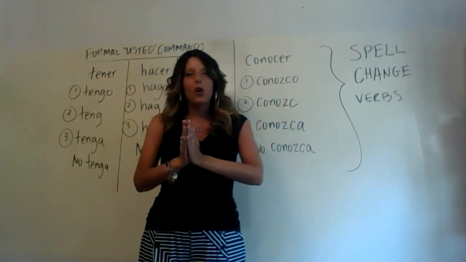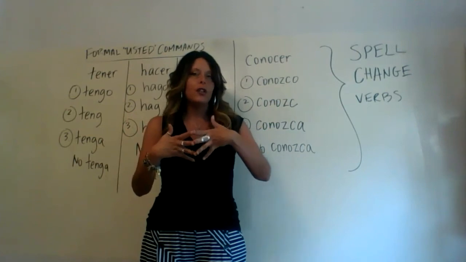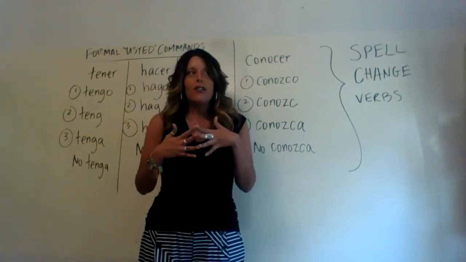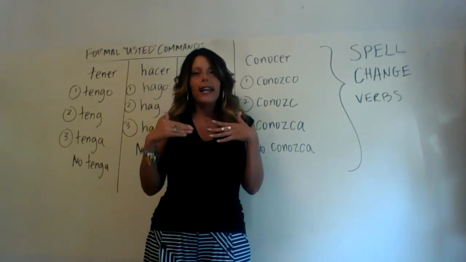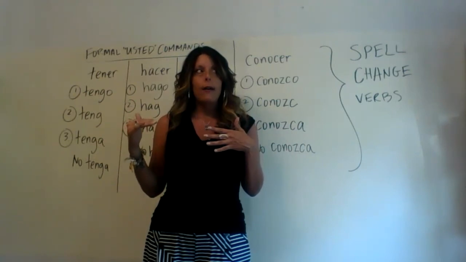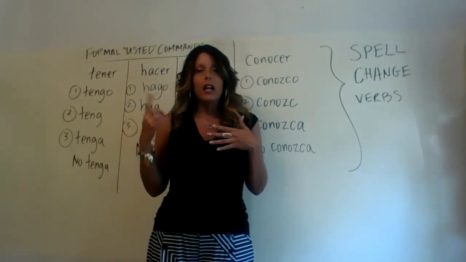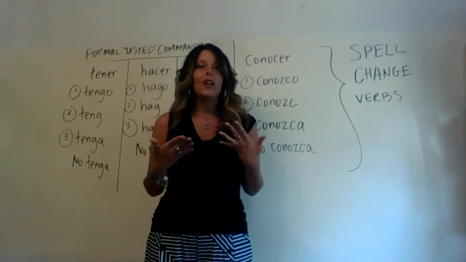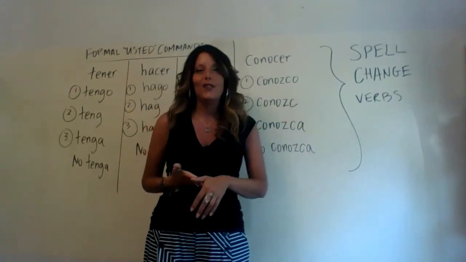It is important to know what category of verbs this falls under. These are spell change verbs. And we remind ourselves that there's a little trick. If we have a verb and we take it to the yo conjugation of the present tense, and there is a G or a Z that pops out of nowhere, then we know that we have a spell change verb on our hands.